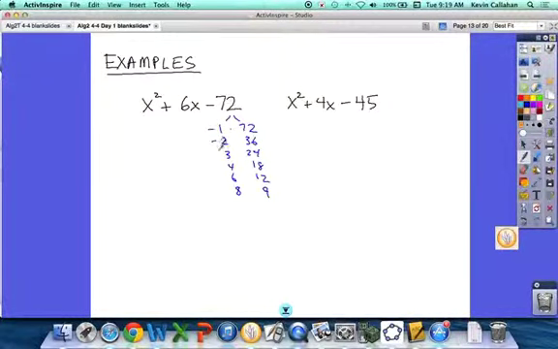It's the smaller number that's negative. Which one of those adds up to 6? The negative 6 plus 12, right? So the factoring would look like x minus 6 times x plus 12.